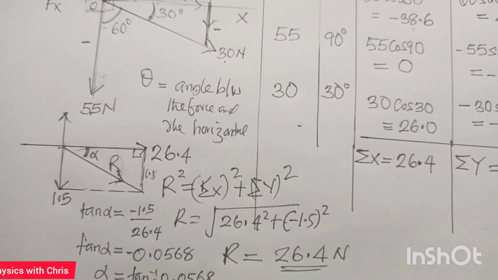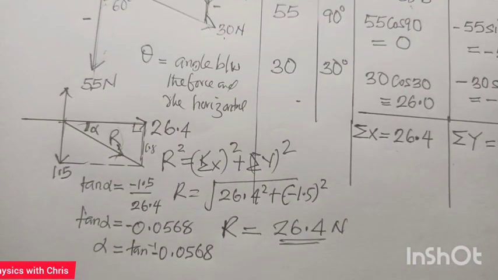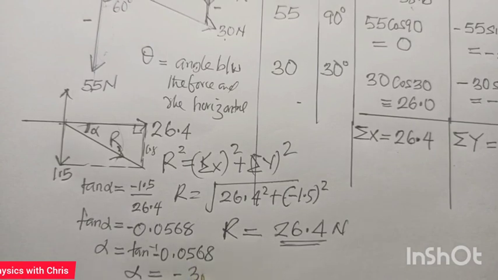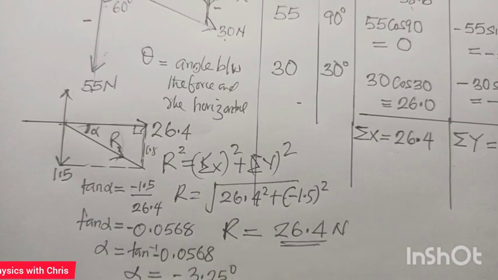Then alpha, which is the direction, is now evaluated using tan inverse of 0.0568 negative. Recall that the value has the negative sign. So tan inverse of that gives me minus 3.25 degrees.